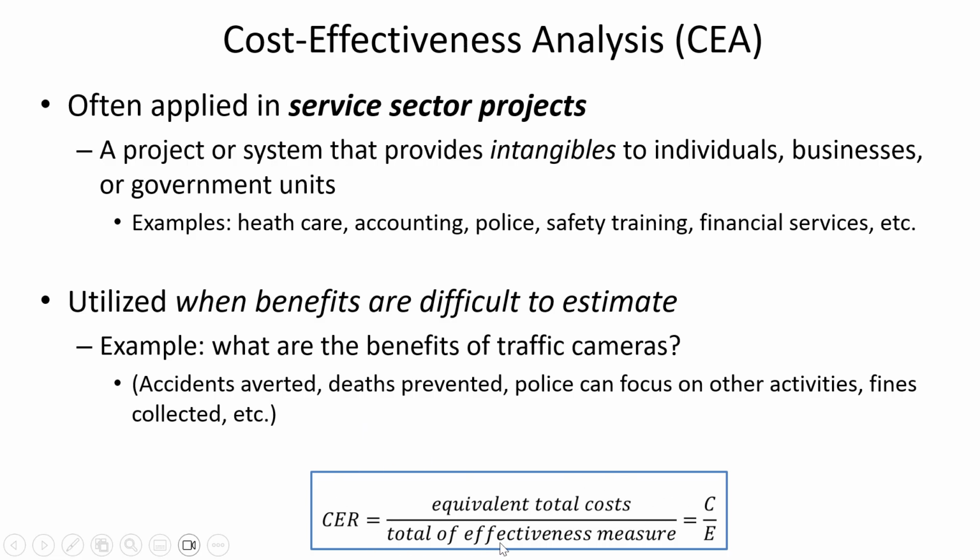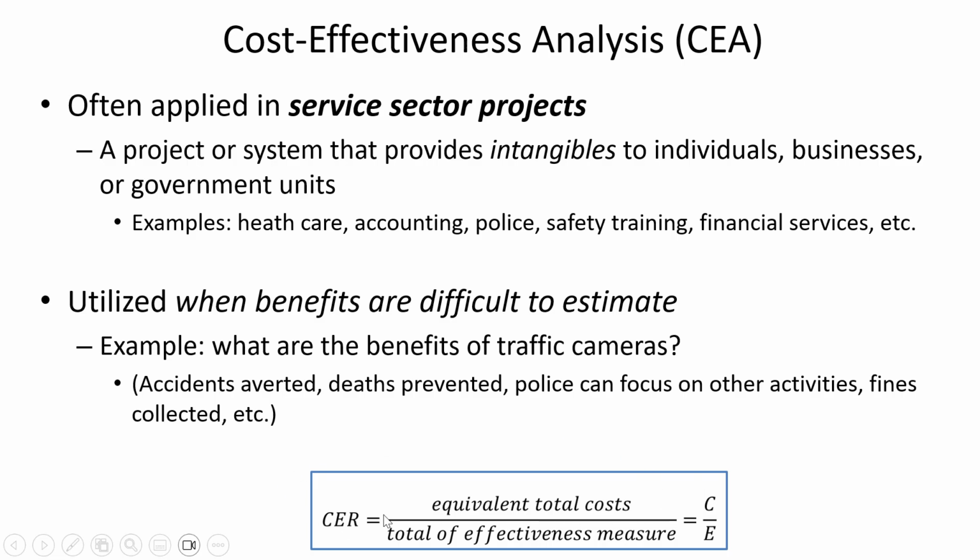But then in the denominator, we have some measure of effectiveness. So what it usually is, is a measure of productivity. Like, for instance, the number of passport applications that are processed in a month. If you were comparing the New Orleans passport processing office to the Washington, D.C. passport processing office, then you might know how much the rent is and the electricity and different costs that go into keeping that office open.